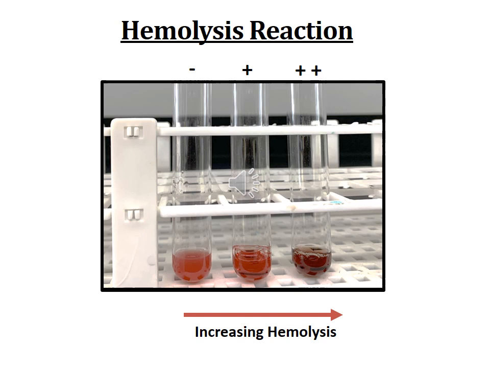On the far right, you have lots of hemolysis. When you add, for example, a strong detergent or a very acidic or very basic solution, the color turns into clear brown, clear black, etc. So it's still clear, but it has a darker color, indicating that lots of hemolysis has occurred.